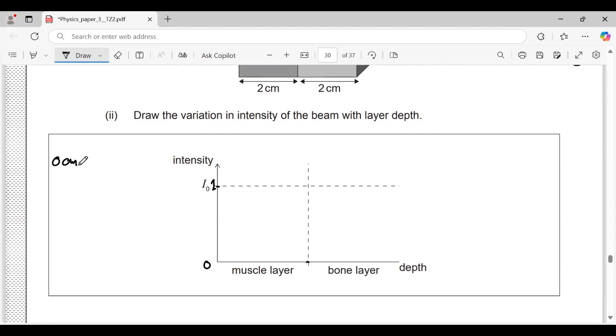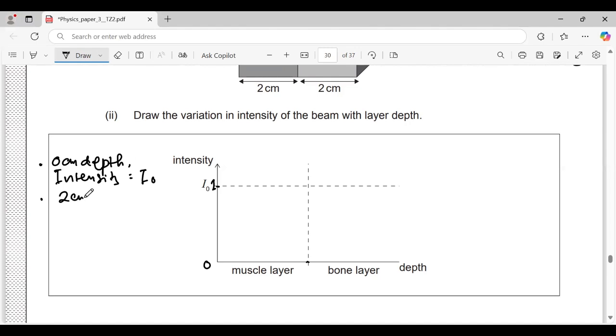At 0 centimeters depth, the intensity is the initial intensity, I0.